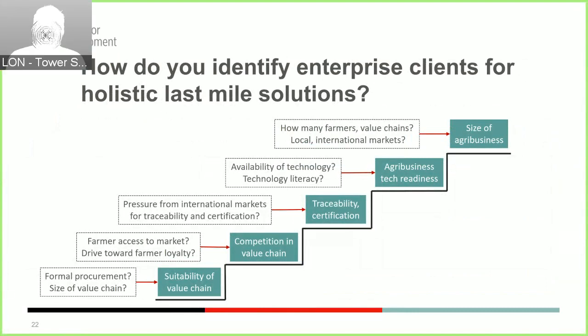Competition is very important as well: understanding the level of competition in the value chain, particularly for cash crops where agribusinesses procure from the same farmers and where farmer loyalty, having farmers return to sell their crop, is a business need for buyers. Then it is important over time to understand whether agribusinesses face pressure to adhere to certification and sustainability requirements, and to evaluate whether more holistic solutions beyond payments may be needed.